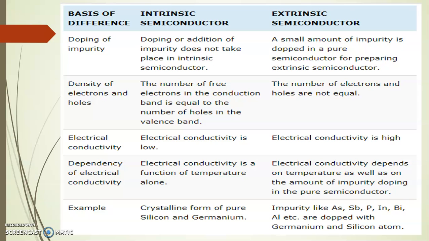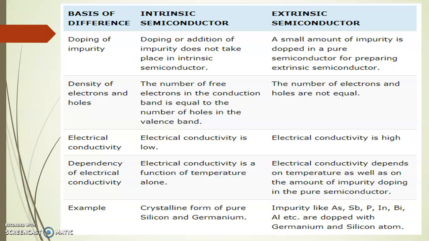Then density of electrons and holes. In an intrinsic semiconductor, the number of free electrons in the conduction band is equal to the number of holes in the valence band. In the case of the extrinsic semiconductor, the number of electrons and holes are not equal because it depends upon the adding of the impurity. Next parameter is electrical conductivity.